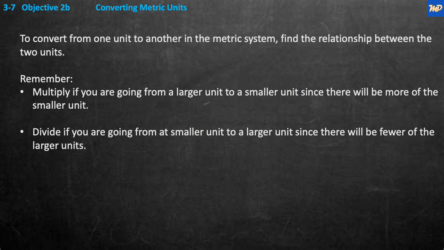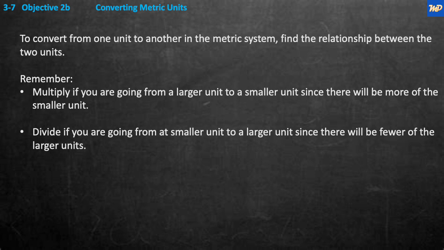Okay, objective 2B. This is the second slide. Converting metric units. To convert from one unit to another in the metric system, find the relationship between the two units. So remember, multiply if you are going from a larger to a smaller unit of measure, since there would be more of the smaller units.